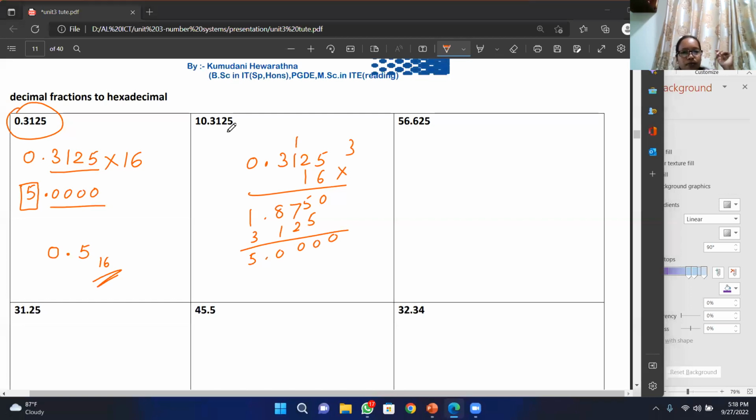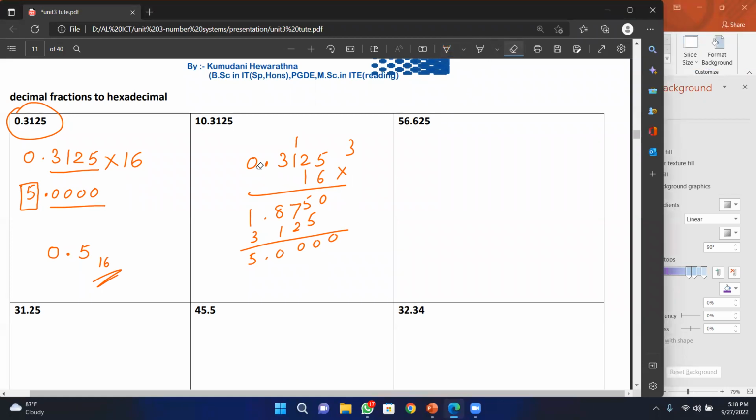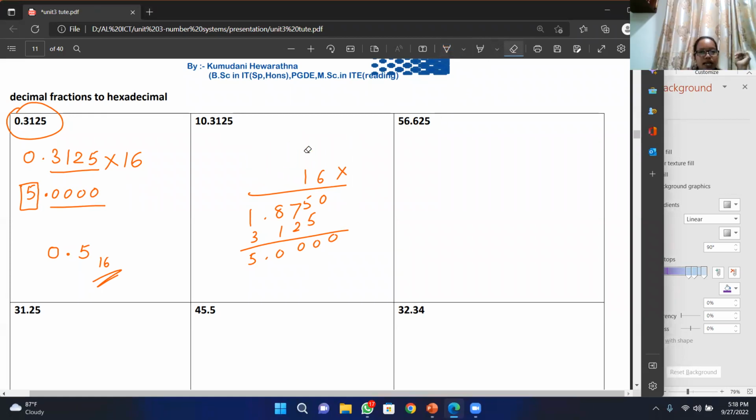10.3125. 8.5. Yes, teacher. Yes, 10 means A. Although we are dividing this by 16, you can directly take that one.